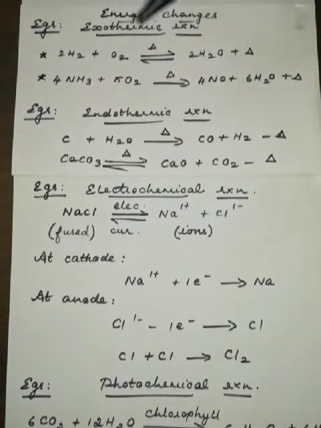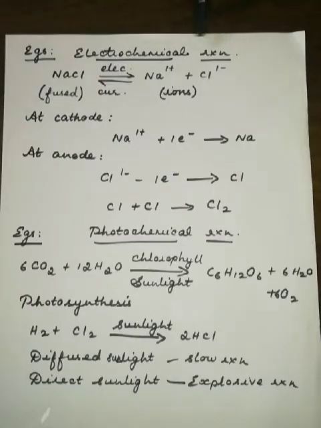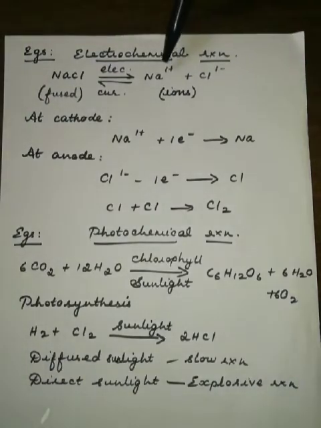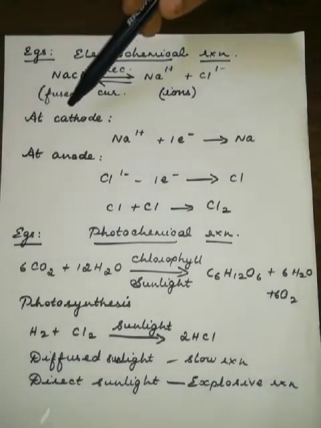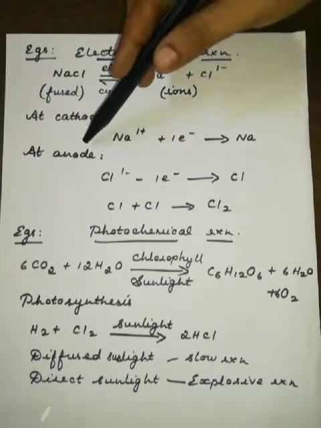Let's see about the electrochemical and photochemical reactions in detail. In this electrochemical reaction, take sodium chloride fused salt. I think I have explained the same thing in decomposition reactions. When you pass current, it splits into Na plus and Cl minus ions. The positive one goes to the negative side, that is the cation goes to the cathode, and the anion, Cl minus, moves towards the anode, the positive side.